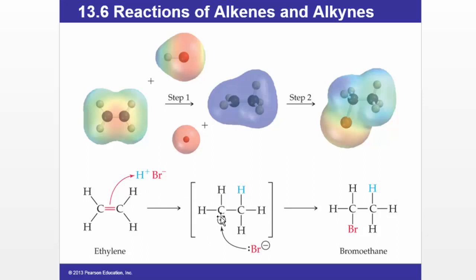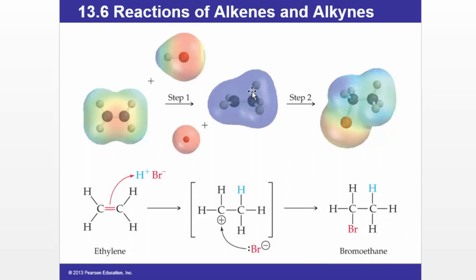This becomes positively charged, and then this is an intermediate. Then Br minus attacks the carbocation. Any species with a positive charge on carbon in organic chemistry is called a carbocation, and then you have this product, bromoethane.